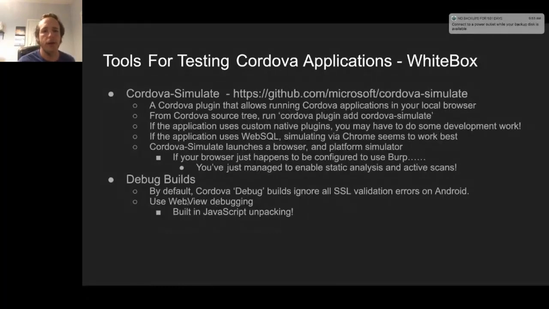And this is something that really threw me for a loop the first time I came across it. Any debuggable Cordova application built in Android, by default, ignores all SSL errors. So you don't even have to set up your root CA in order to intercept traffic for a debug version of a Cordova application.